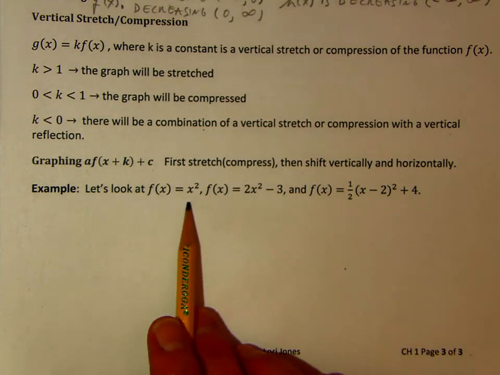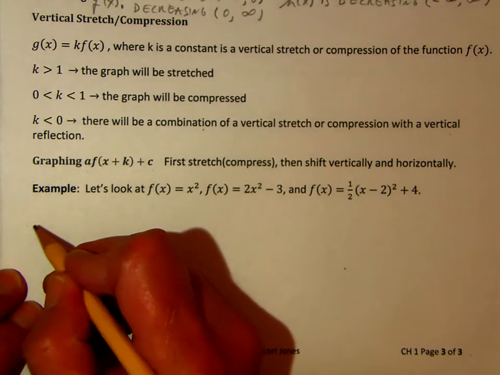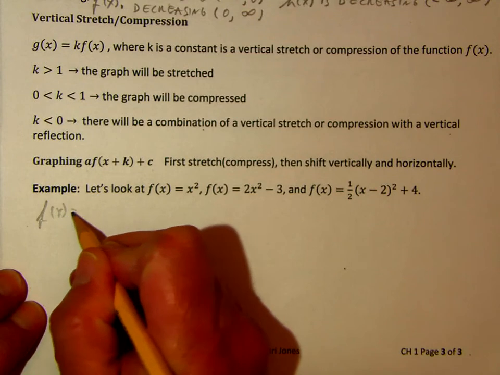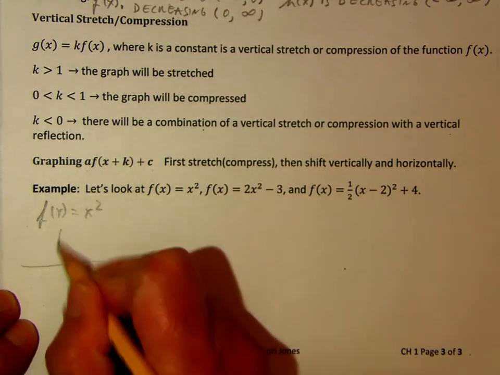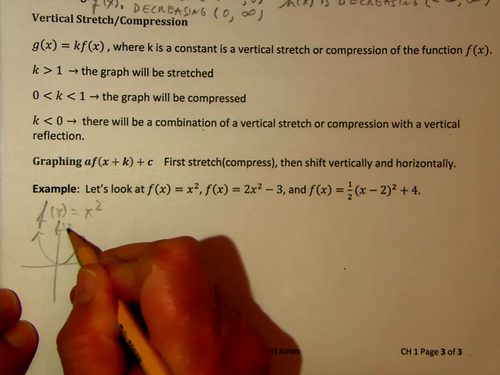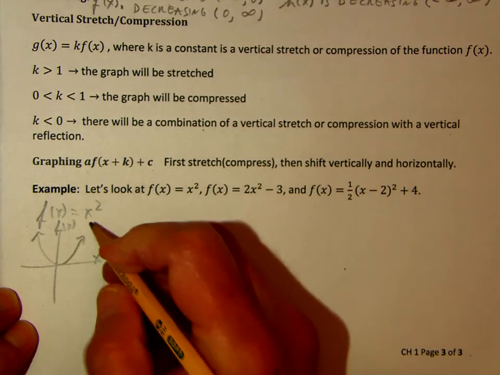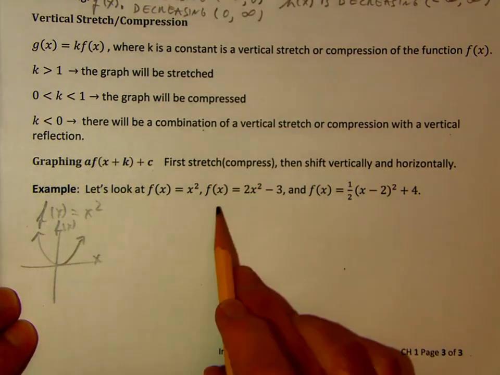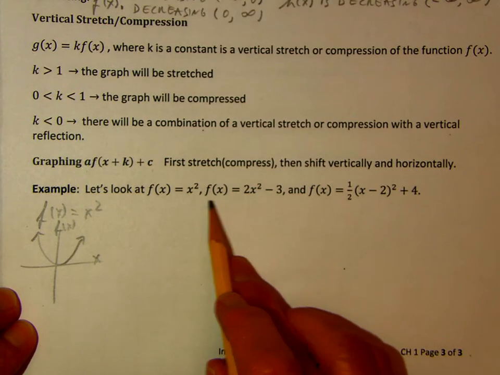So we know our basic shape f of x already. What do we think is going on here?